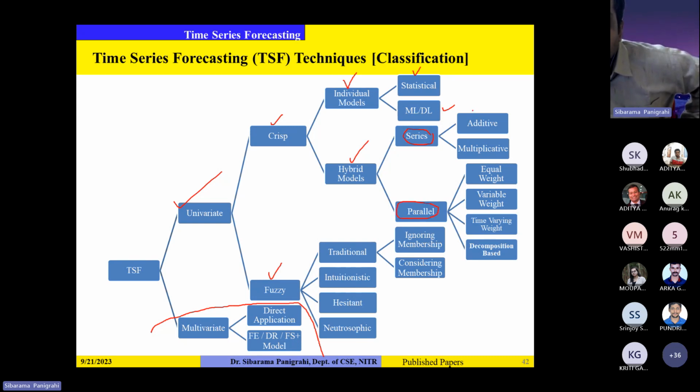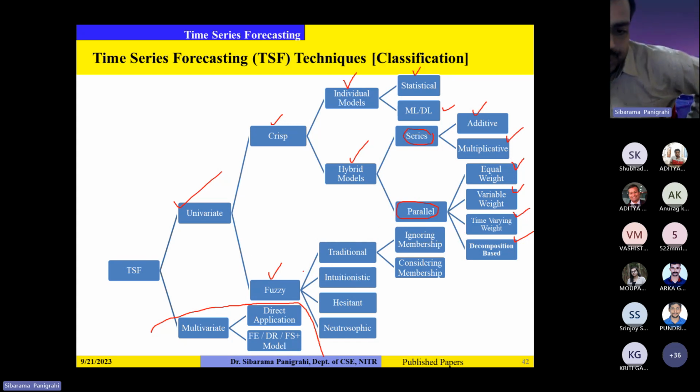Series hybrid models may be additive or multiplicative. Similarly, the parallel hybrid models may be equal weight, variable weight, time varying weight, or decomposition based. Decomposition based includes EWT, EMD, VMD, EEMD, CEEMDAN, or you can use STL decomposition, right?